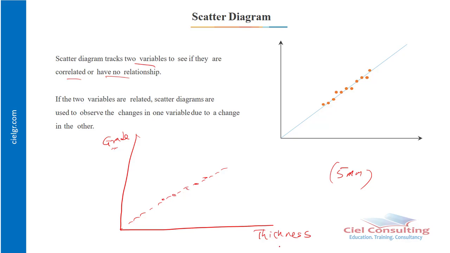Then if we decide to plot other variables, say for example, we want to determine if there's a relationship between the personnel as well as the thickness, we vary the personnel and bring in different operators to run the machine to determine what might be the outcome using the same metrics.